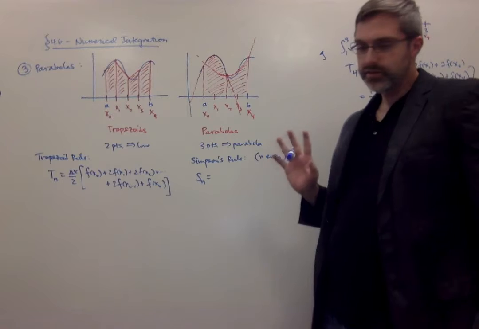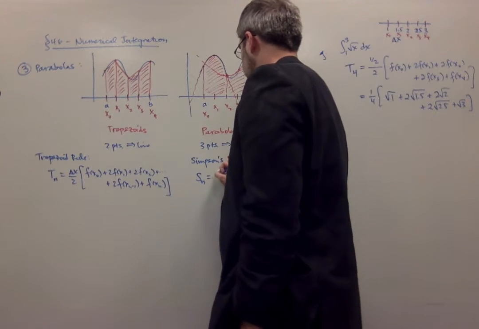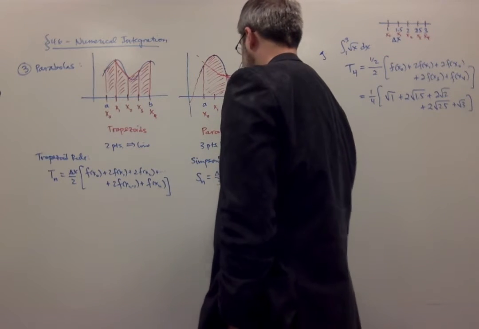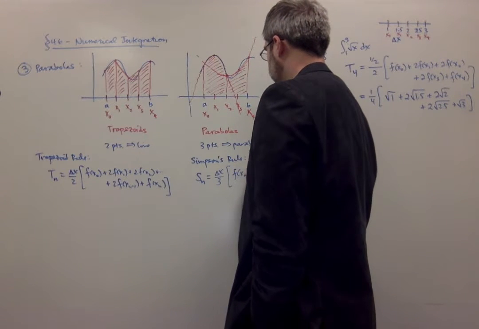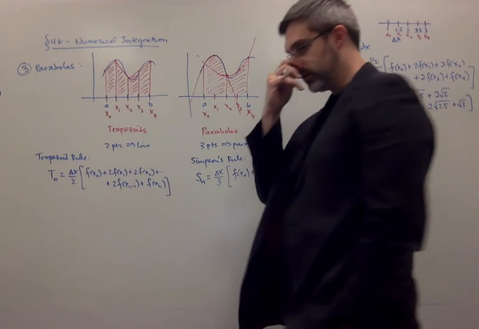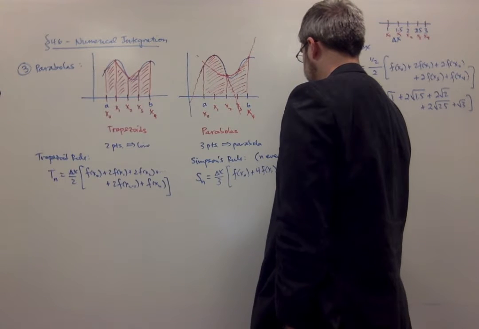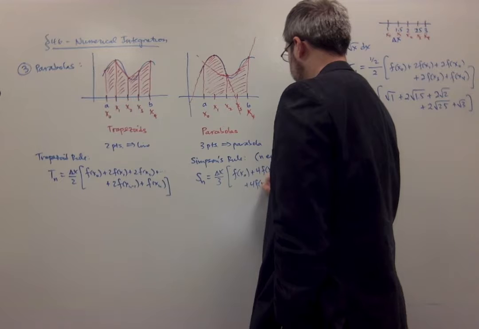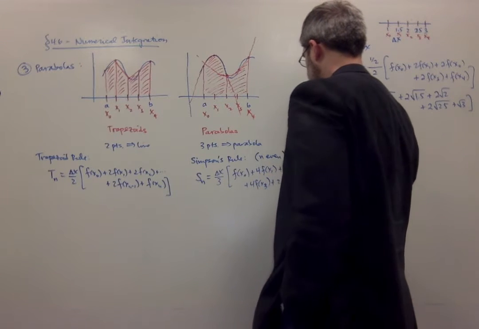In the case that you do this, the formula turns out to be, instead of delta x over 2, we end up with delta x over 3. And then what happens is you take f of x0, 4 copies of f of x1, 2 copies of f of x2, 4 copies of f of x3, 2 copies of f of x4, okay?